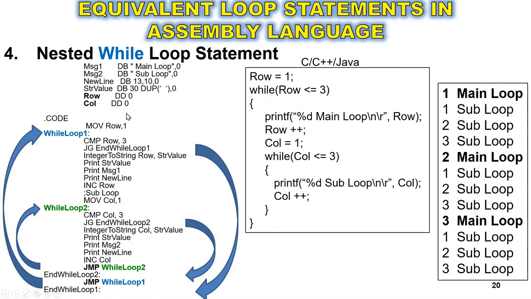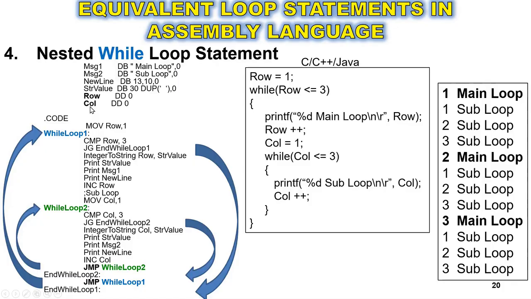I declared a memory variable named row, assigned as a double word, initialized with a 0, and this memory variable row will be used as a sentinel or a control for our main while loop statement.